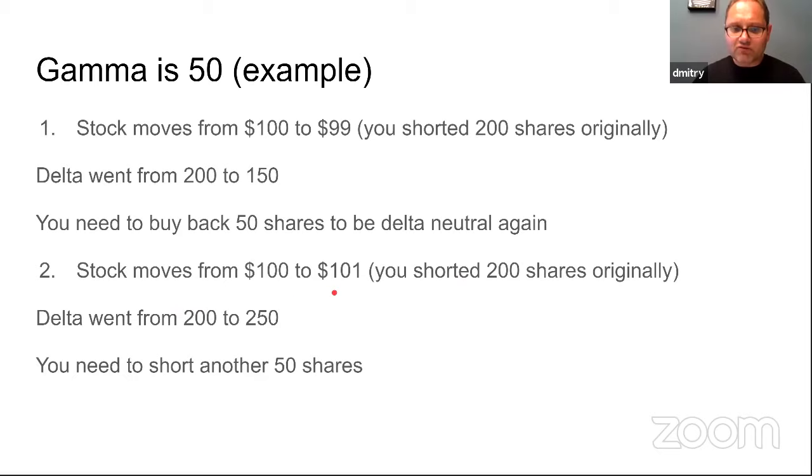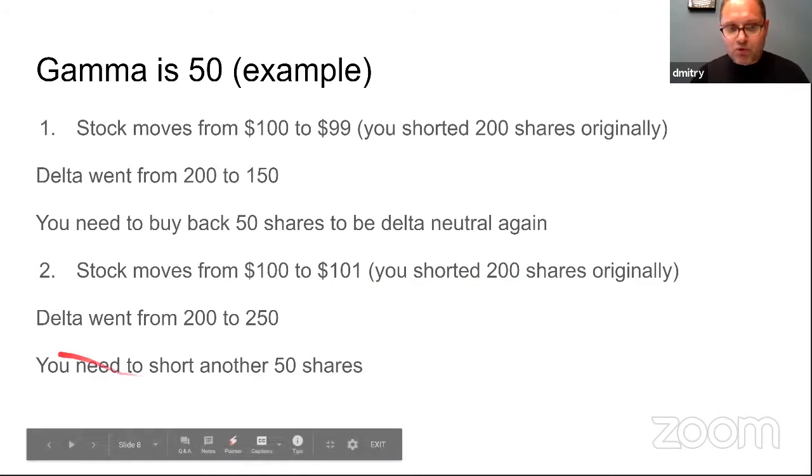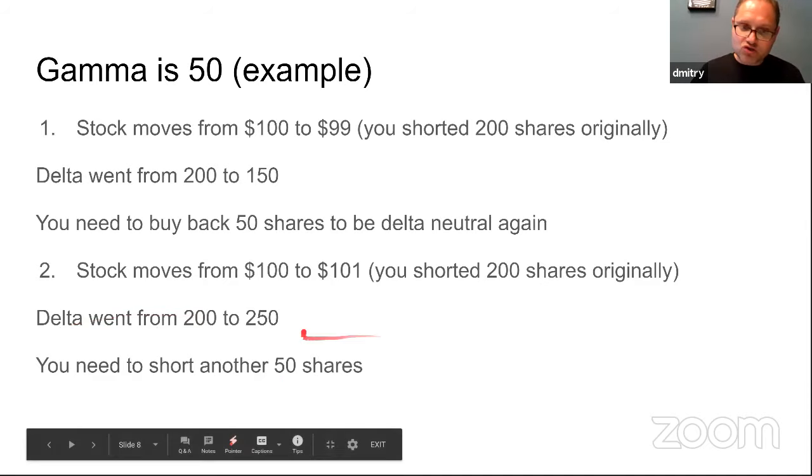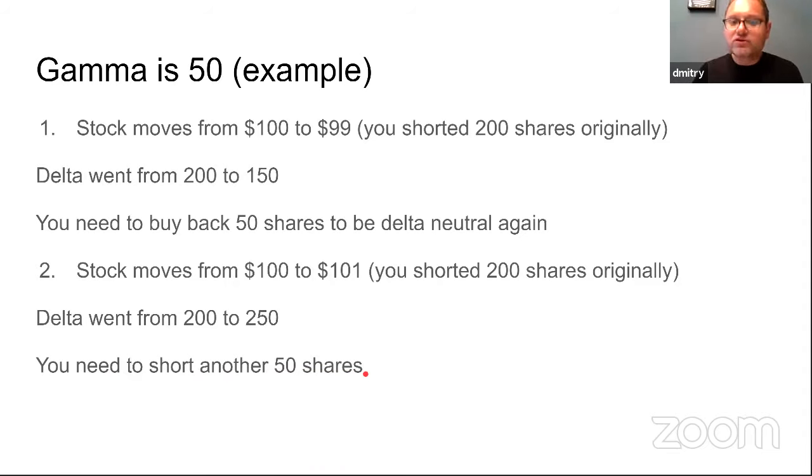What happens the other way around? Stock moves from 100 to 101. We originally shorted 200 shares, but we picked up another 50 deltas, right? The stock went up, so it went from 200 to 250. That means we need to short another 50 shares. It moved, so we've got to re-hedge our deltas.